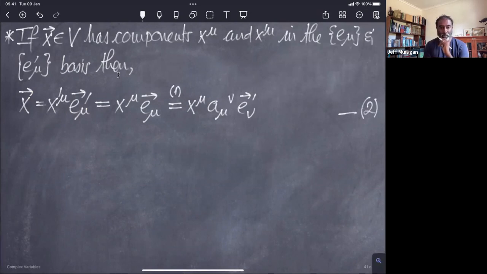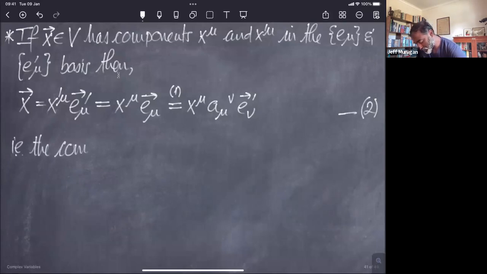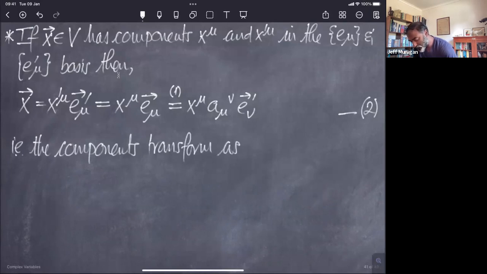In other words, under the transformation that takes the E mu basis to the E mu prime basis, the components of the vector transform as X mu going to X mu prime equal to A mu nu X nu, just by reading off from equation 2.